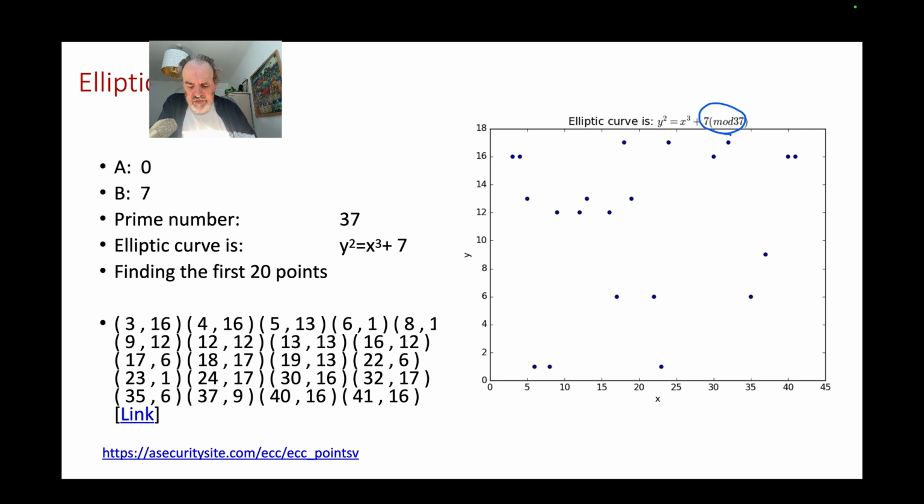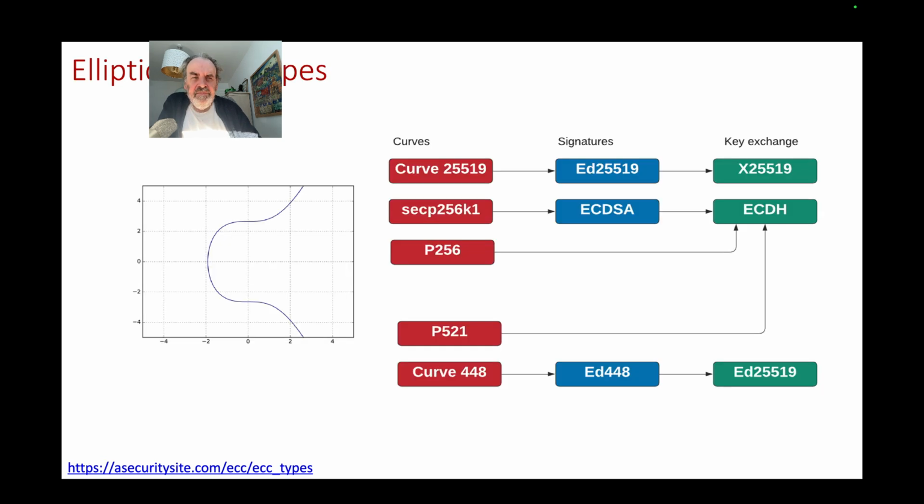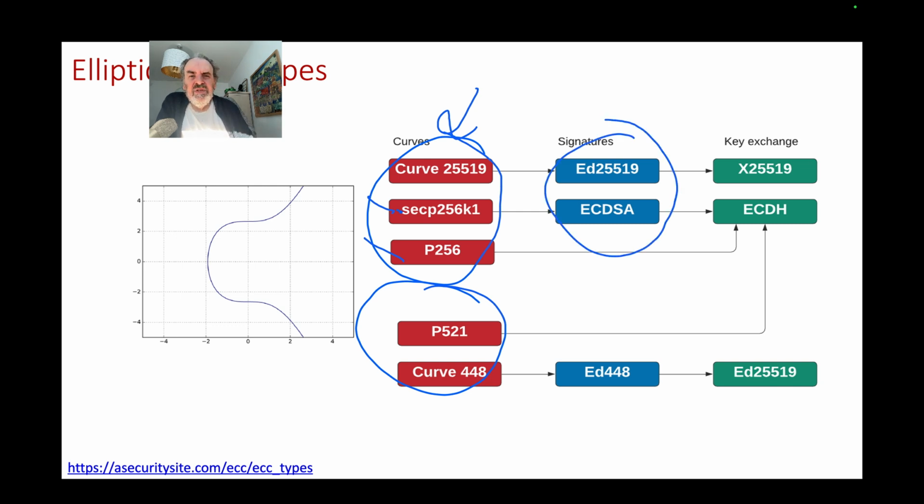The basic operation is that we add 2 points together, and then we get another point that relates to the curve. The main curves that we have overall are Curve 25519, secp256k1, which is the Bitcoin curve, and the NIST-defined curve of P256. We can use a bigger curve if we need, but these ones are pretty good for today's standards, and they produce these digital signatures and these key exchange methods.